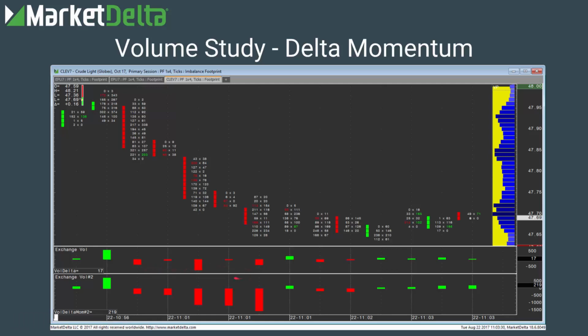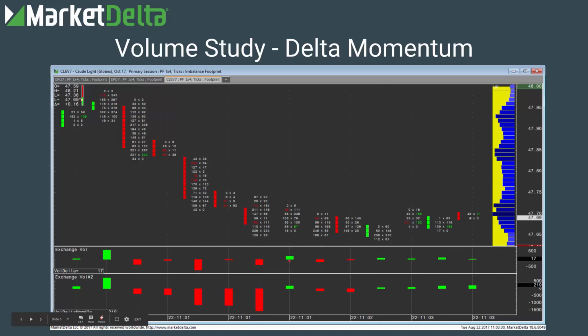As long as the delta is negative, it'll continue to build. So it's a momentum, and this is great for trends. You're really looking for it to confirm the trend. It helps you stick with the trend, hopefully longer, because you're not just witnessing price move lower, you're also seeing the order flow confirmed in the form of delta momentum.